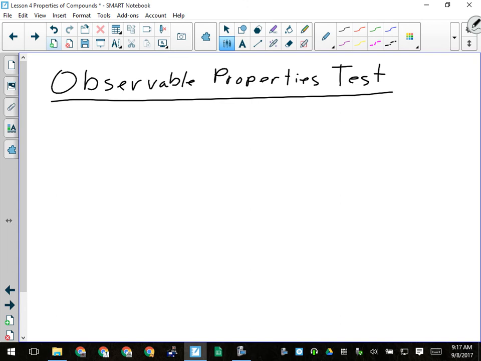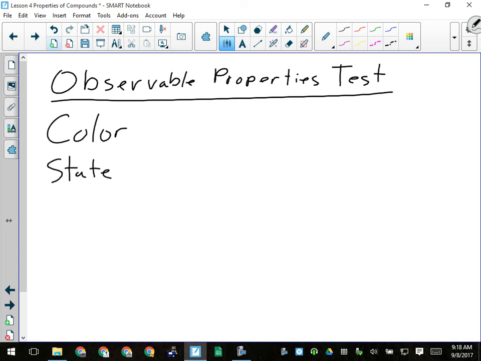In an observable properties test, what are some things I should look at or look for when I'm looking at the materials? Color, absolutely. Color is a big one. State, yep. Solid, liquid, or gas. Are there different kinds of solids?